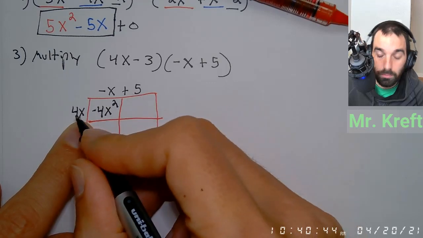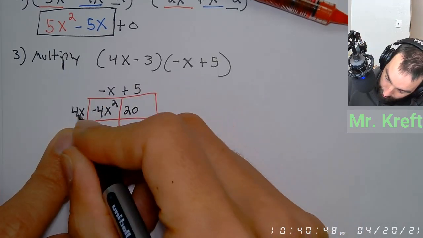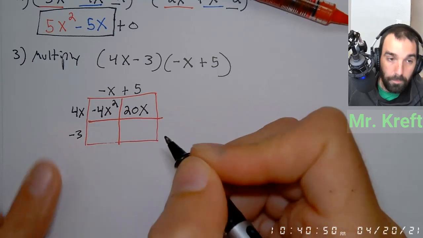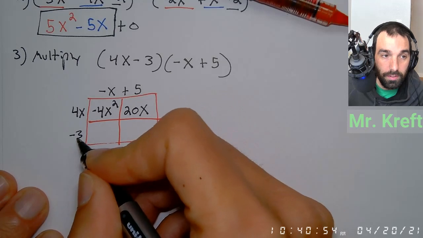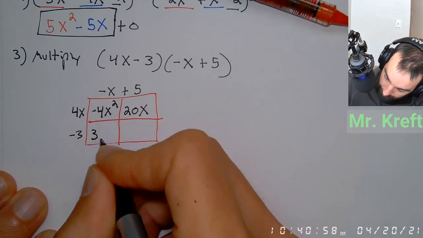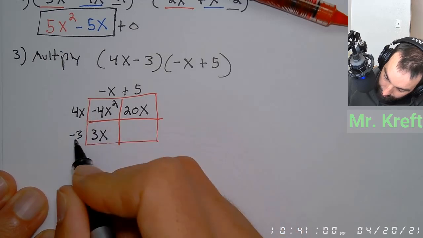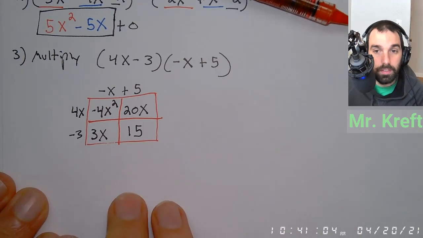Then I have 4 times 5. Well, that's 20. And then we just have 1x. Then I take a look, I have negative x times negative 3. Well, a negative times a negative is a positive, and then I have the x. And then negative 3 times 5 is positive 15.